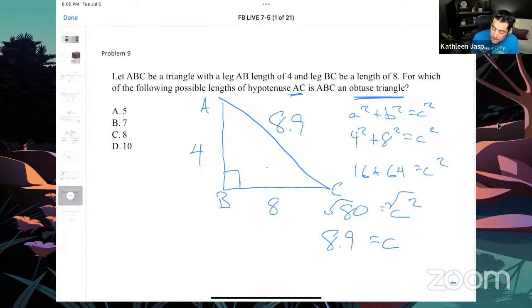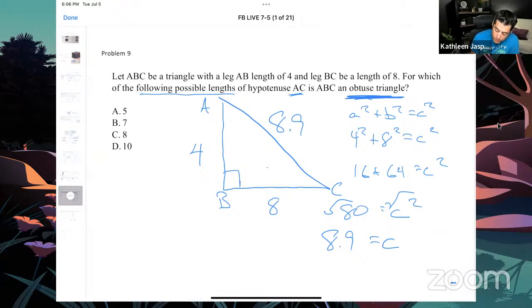I need to find what will make it obtuse. That's the question. It says, which of the following possible lengths? So I'm not looking for 8.9. I'm looking for anything greater than 8.9. Does that make sense?